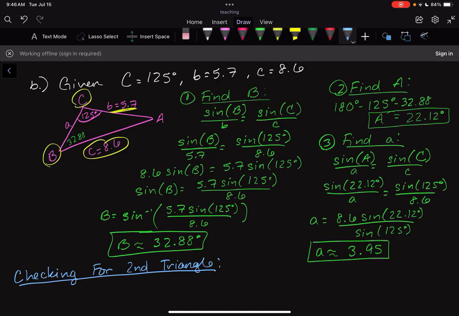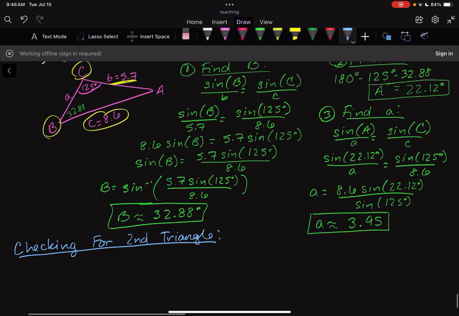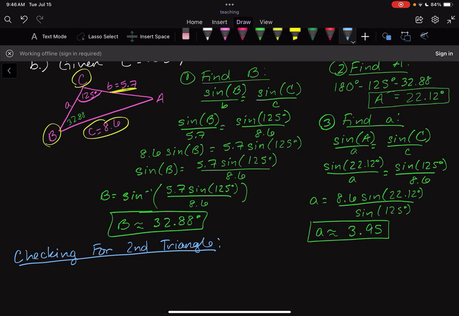And now I want to show you how you check for the second. I'm going to write out some steps here. What we're going to find is: is there a second B, is there a second A, and is there a second side A that could work for this?